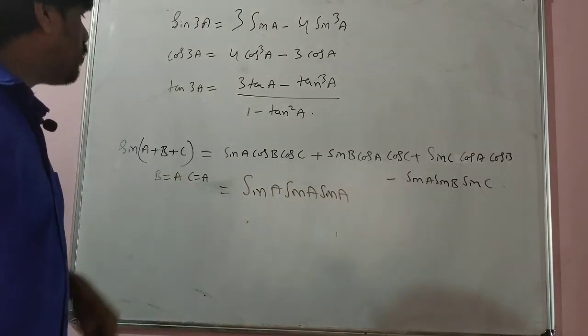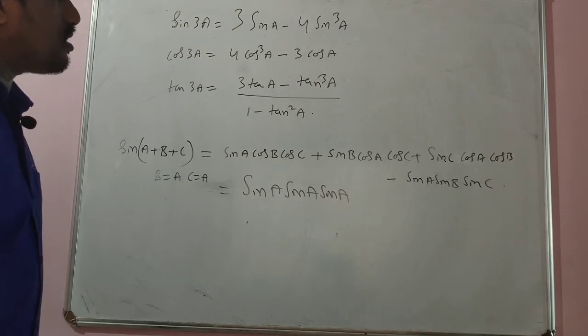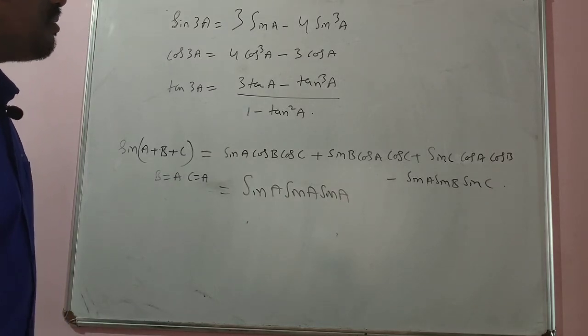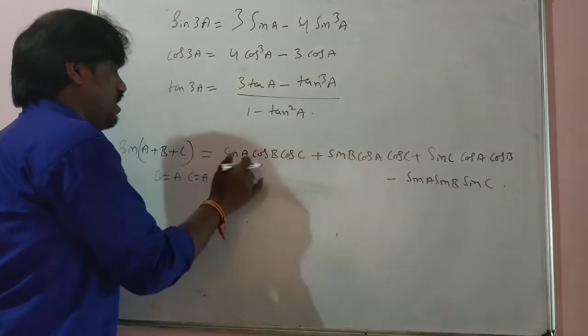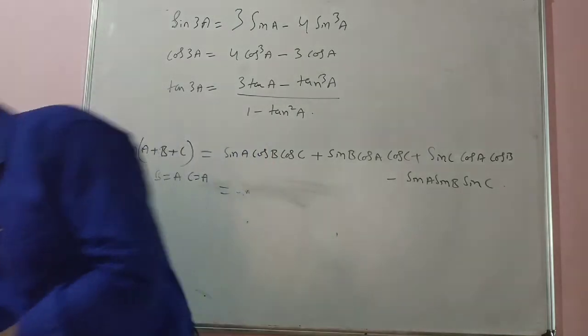Sin of a plus b plus c is equal to sin a cos b cos c plus sin b cos a cos c plus sin c cos a cos b minus sin a sin b sin c. You have this formula. So what am I going to get here?